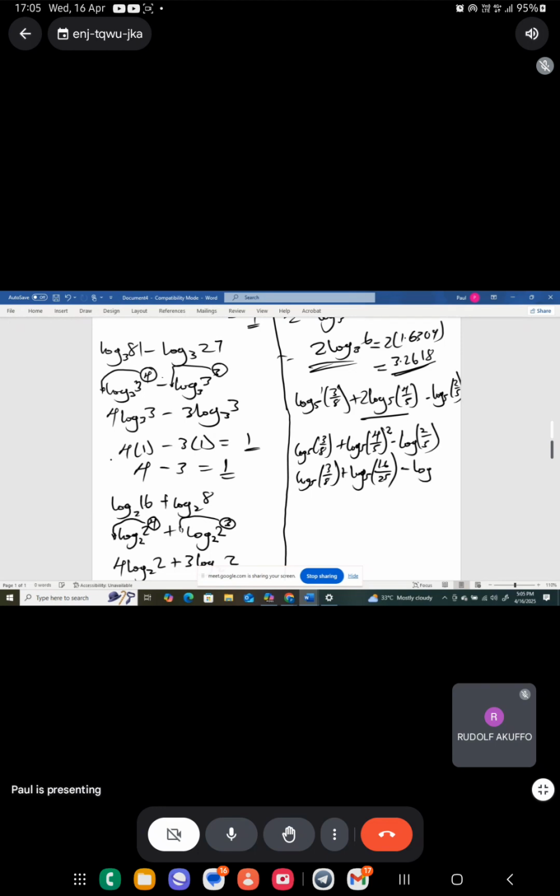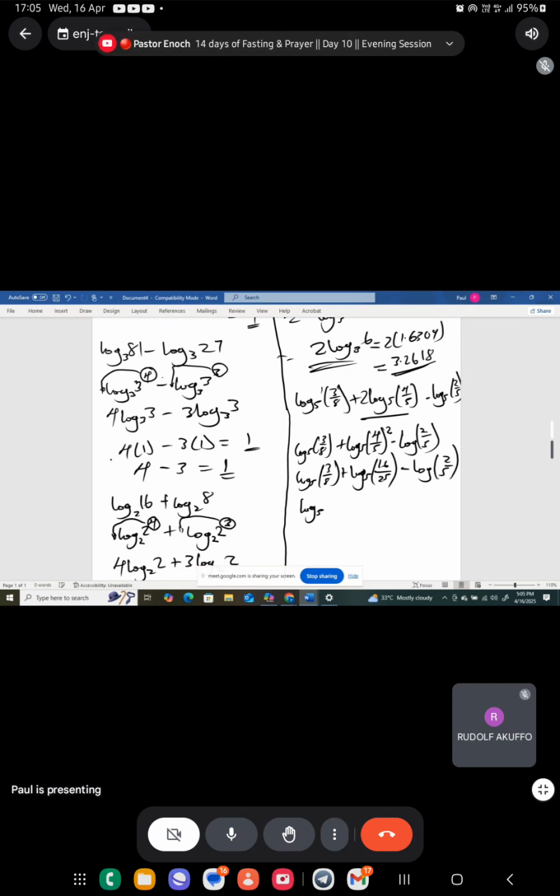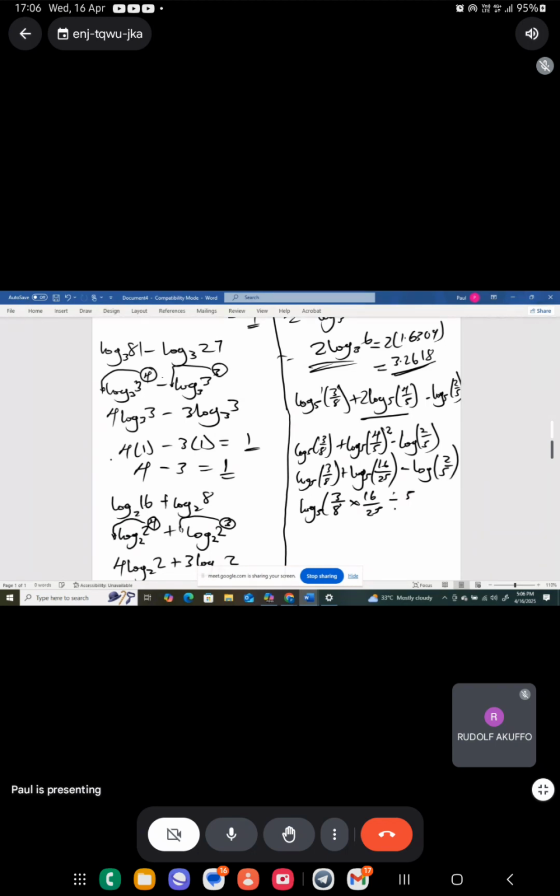Now, since they are adding, we can multiply, so far as the bases are the same. So this becomes 3 over 8 times 16 over 25. Now, this is subtraction, so it is division, divided by 2 over 5. Please, you understand?